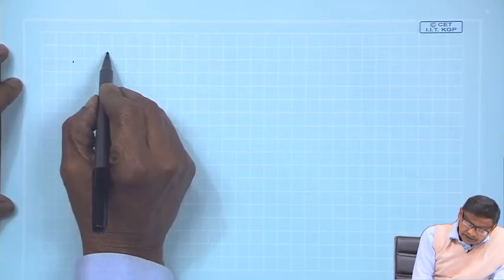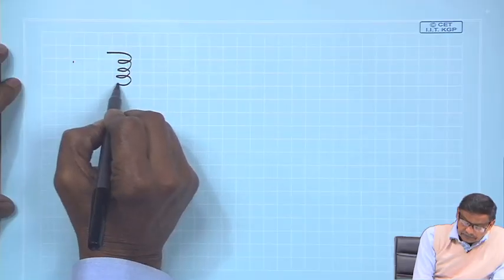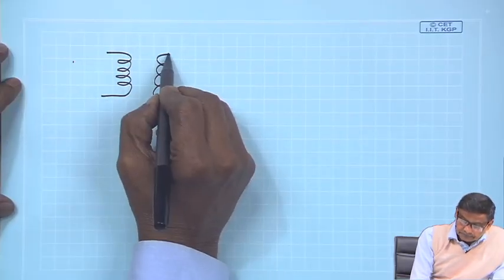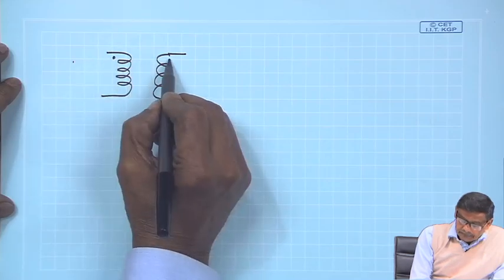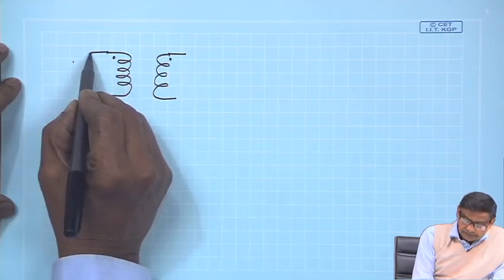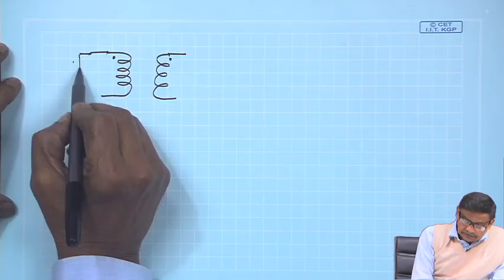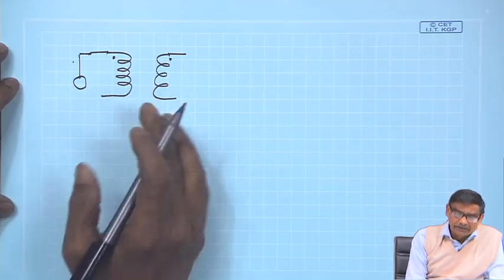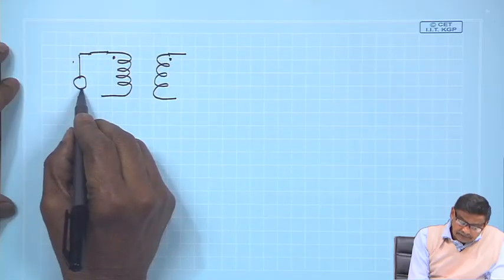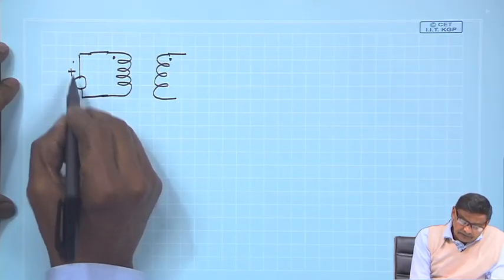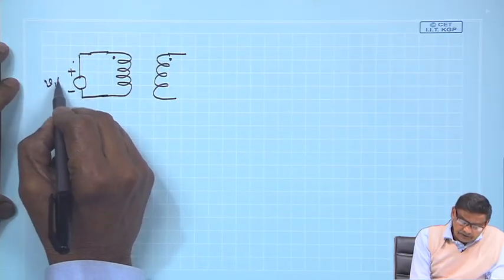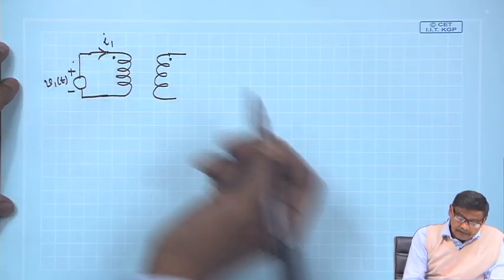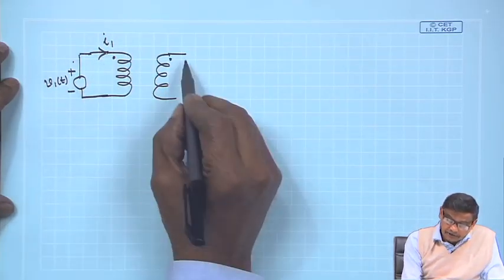So, we take in the same way these two coils, suppose these are the dots, and here I will connect one source, and let us assume these coils have negligible resistance, almost ideal coils. Here you connect a source V 1 t, and the current absorbed by this coil is I 1.